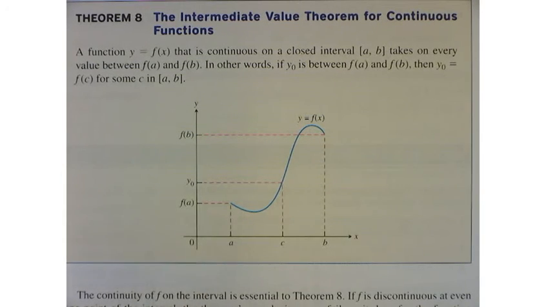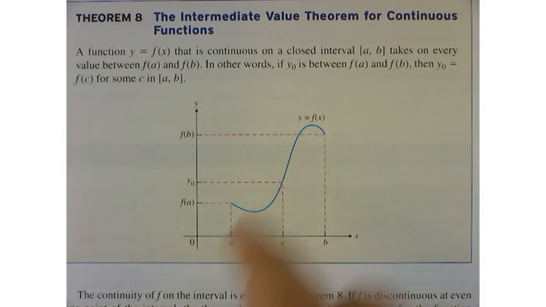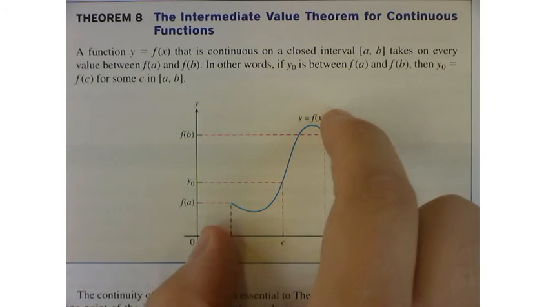So clearly there are a lot of functions where we could use this intermediate value theorem. Now, to fast forward a little bit, sometimes it gets messy as you get closer to c.